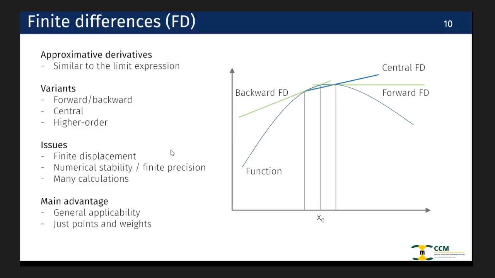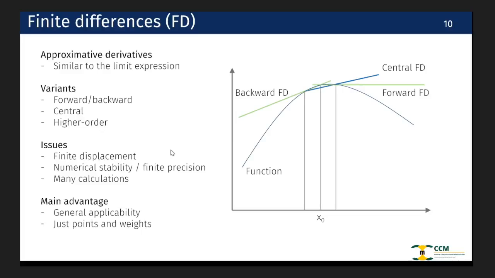Why? If you make this distance very big, you're wrong because you're not actually taking the limit towards small displacements, right? You're just evaluating the slope. If you make this displacement tiny, then you run into the problem that your computer is not doing actual math. It's doing finite precision math. You only have something like ballpark 15 significant digits in the floating point numbers that you use.